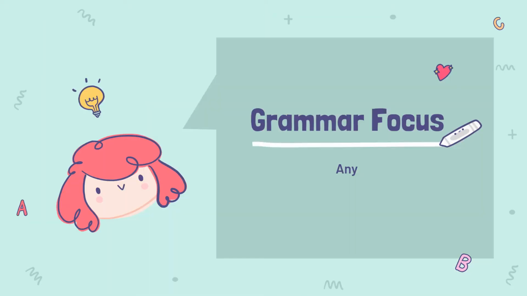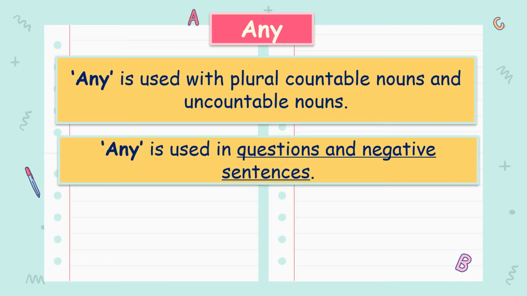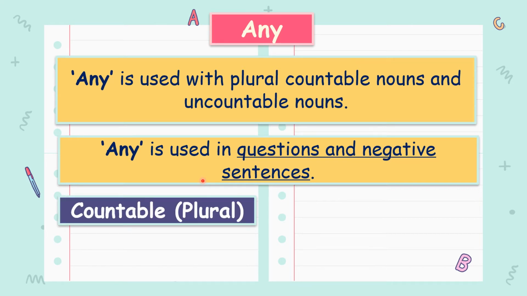Okay, so now I would like to teach you how to use the word any. Any is used with plural countable nouns and uncountable nouns. Any is used in questions and negative sentences. Okay, so countable plural means many.